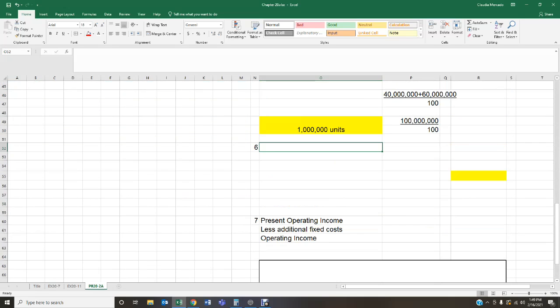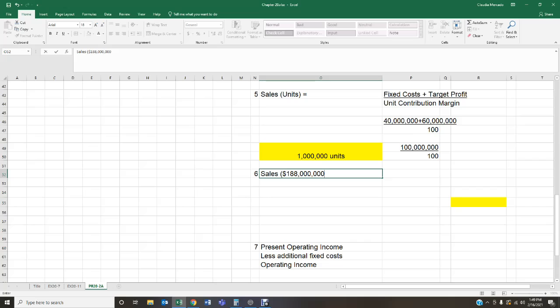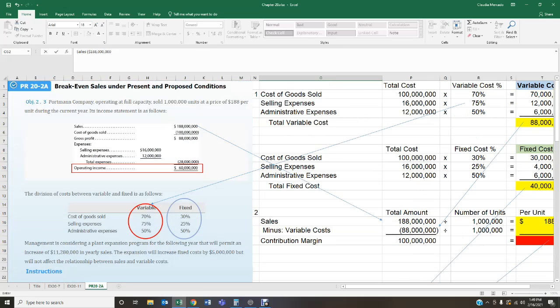For that, we're going to start off with our sales. Our sales, we started off with $188 million. Where am I getting those 188 million from? From over here, sales, $188 million in sales. Now, if we accept this expansion, we're going to have an extra 11,280,000 in sales.